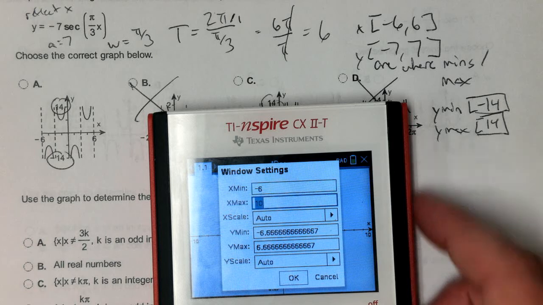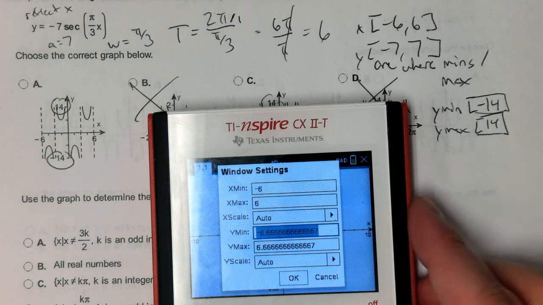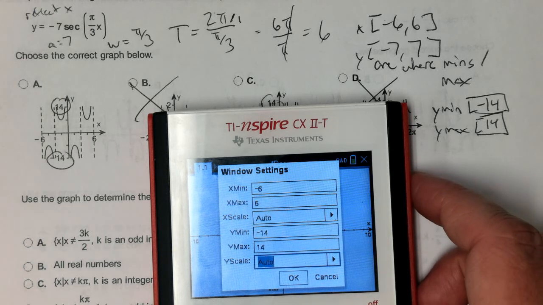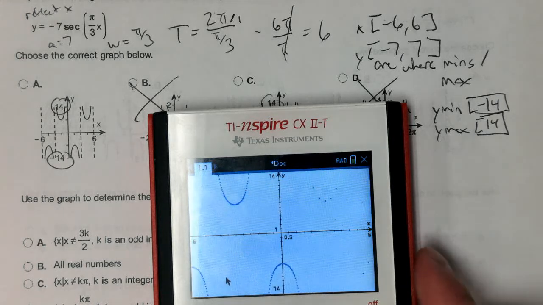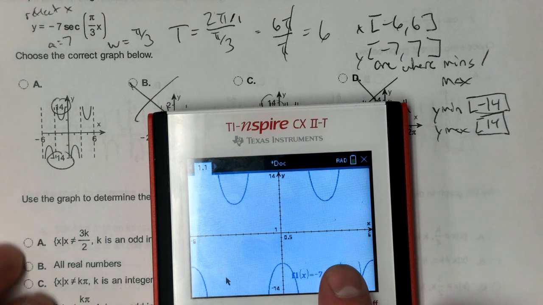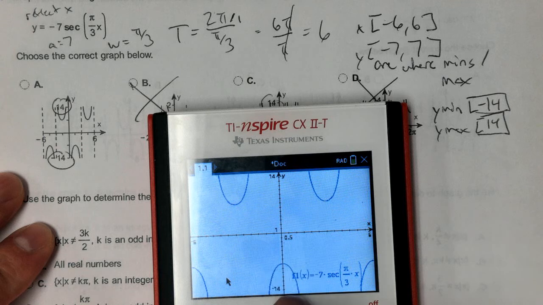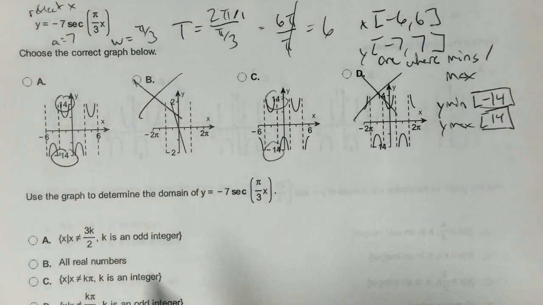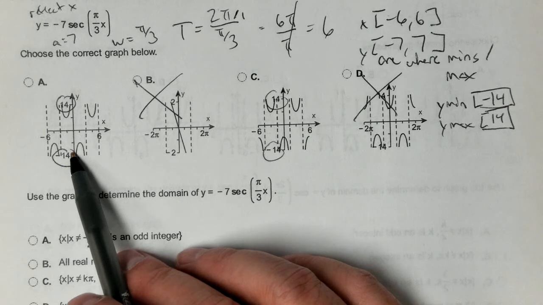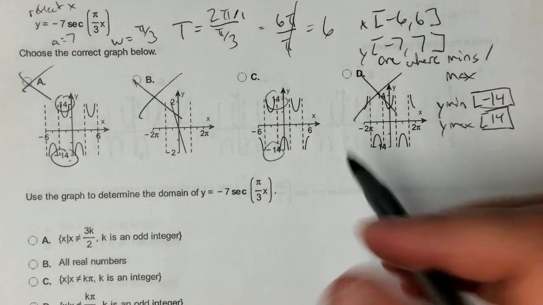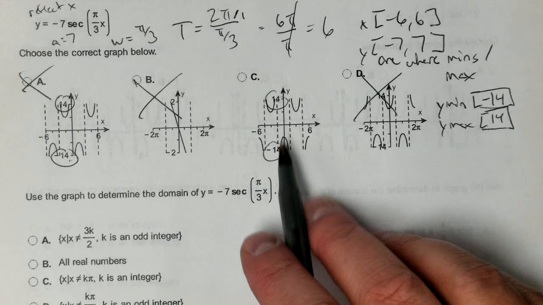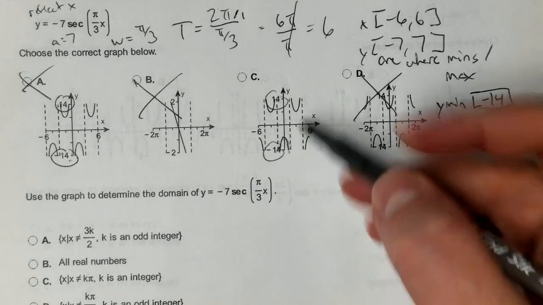Okay, so negative 6 to 6 and negative 14 to 14. Now you can see it, and it's symmetric to the y-axis, and it's down. So it's not this one. And that's it, because of that part.